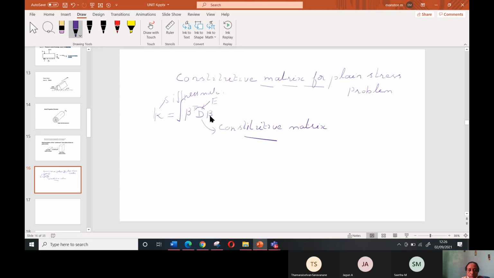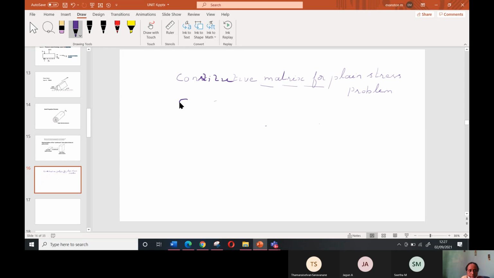So you have to just note it down. Constitutive matrix for the plane stress problem.